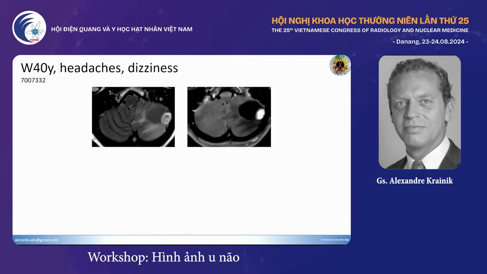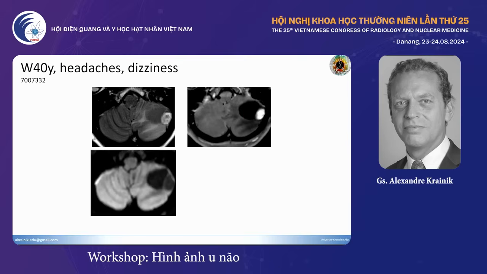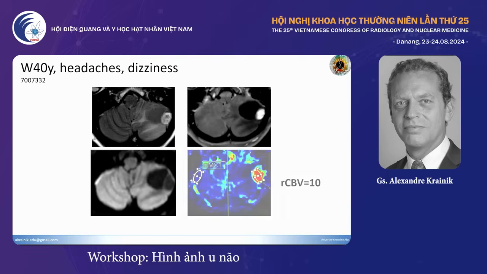Here is the opposite example, where you have a lesion in the cerebellar hemisphere. We have a nodule that enhances, and a cyst which does not enhance. You see here a large cystic part, and you see in diffusion nothing much, and on perfusion you see a very hot spot, high CBV of this nodule.